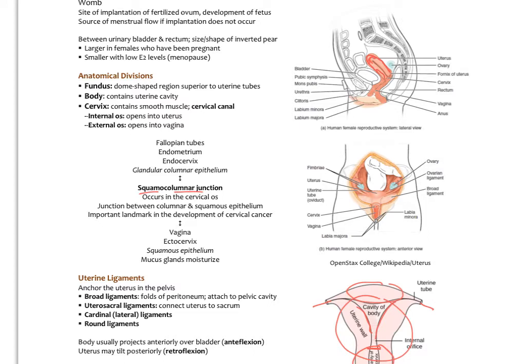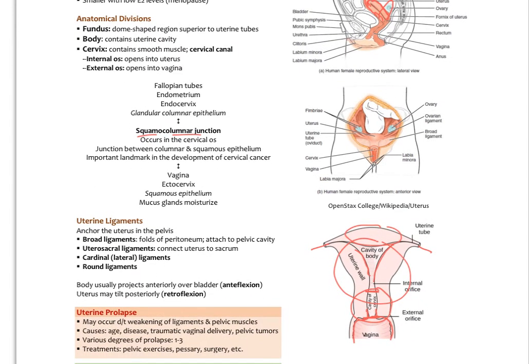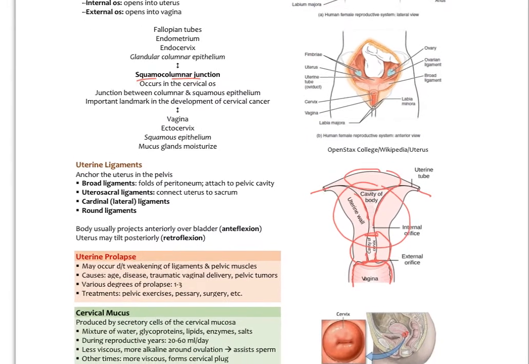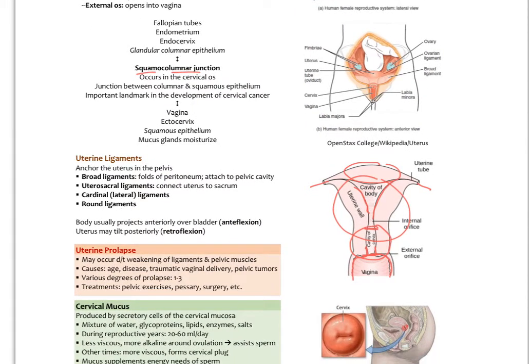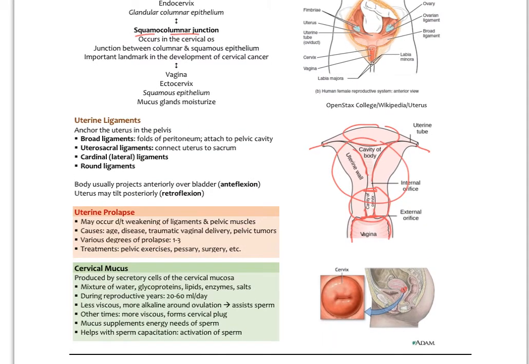But it can also be retroflexed. It can point more posteriorly, and that's usually not an issue. It can, in some cases, impede menstrual flow. It can also impede fertility, but that's the posterior positioning of the uterus. The uterus can prolapse, and this can be due to weakening of these ligaments and the various pelvic muscles.